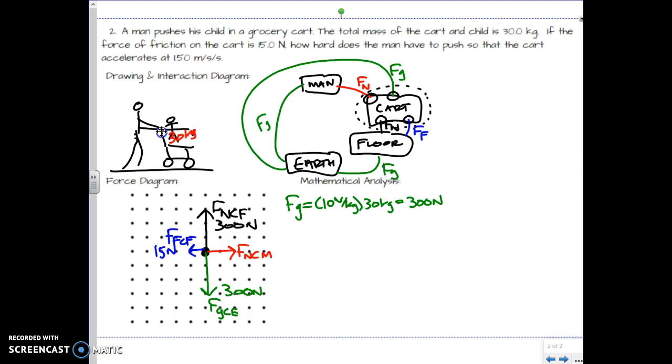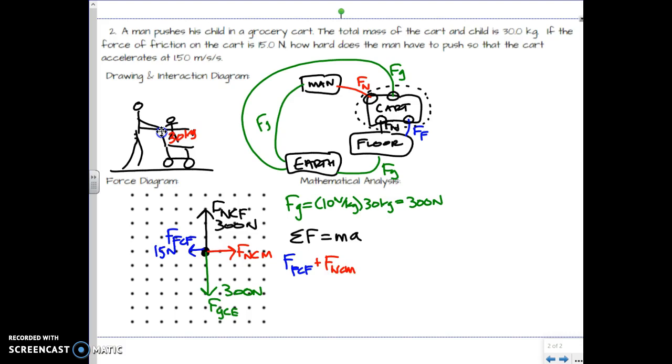So if we take our Newton's second law equation, it tells me the total force is equal to the mass times the acceleration. Now, what is the total force here? The total force is going to be the blue arrow, the force of friction on the cart by the floor, plus the red arrow. Again, this is a little bit of a hard sell, but the black arrow and the green arrow cancel each other out.